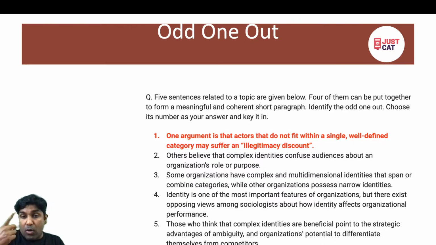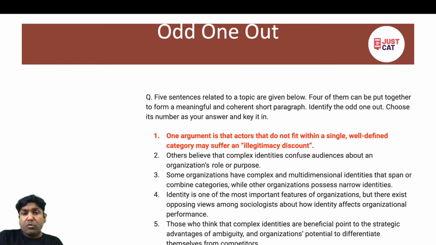Then comes line number 3, which says that some organizations have complex and multidimensional identities that span or combine categories, while other organizations possess narrow identities.